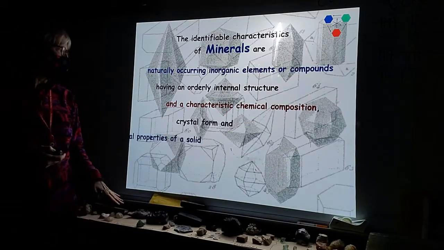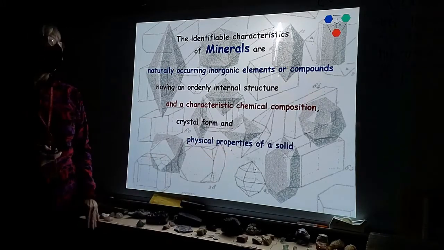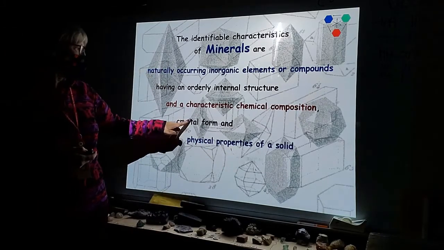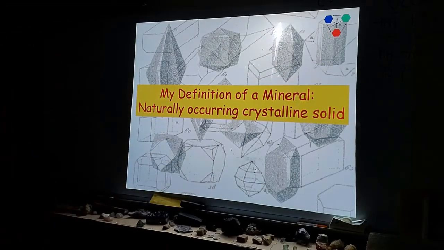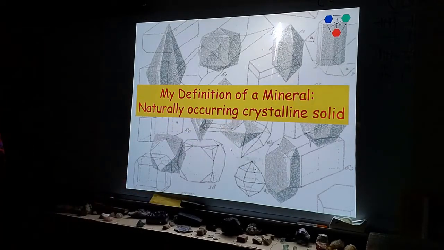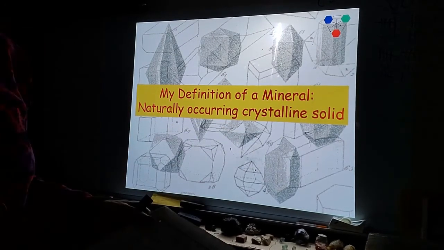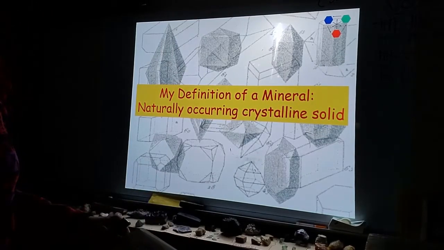They have crystal form, and they have the physical properties of a solid. Naturally occurring, crystalline, solid. So my definition is, and you write it there please, minerals, as you know, are naturally occurring crystalline solids. You're writing this in the 4 boxes where it says definition of a mineral.